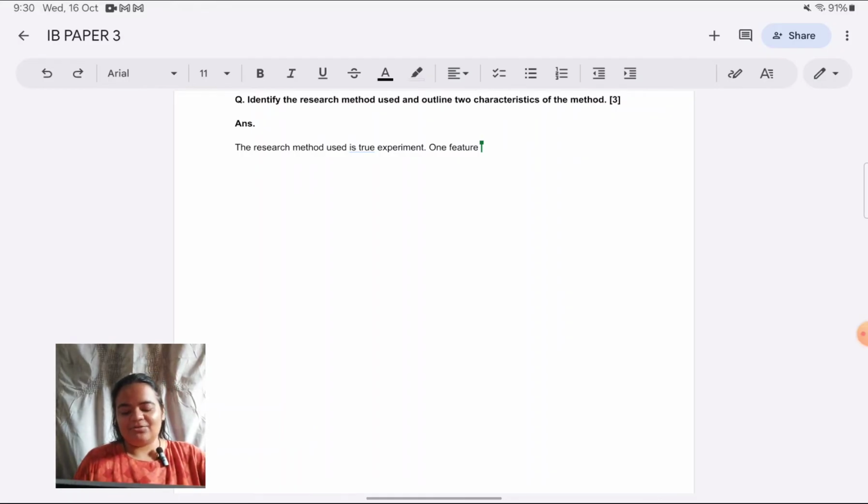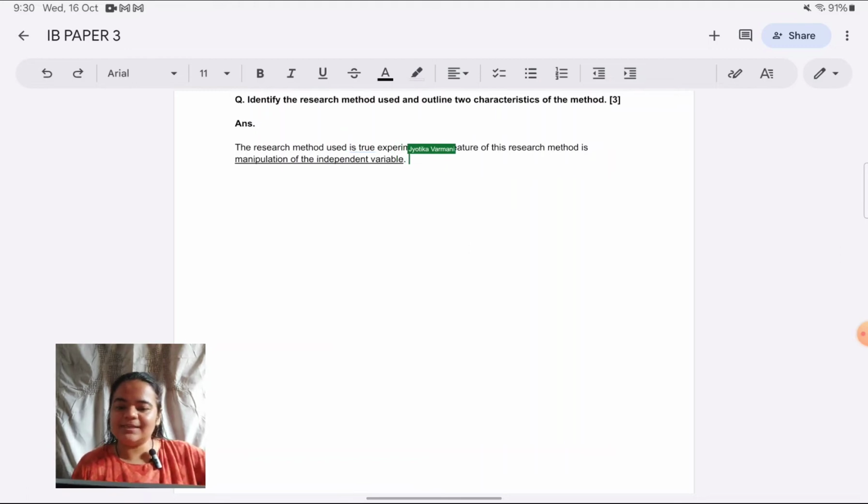One feature of this research method is manipulation of the independent variable. To contextualize this point, I would just say in this study, manipulation is of what type of reading participants have done, screen reading or paper reading.